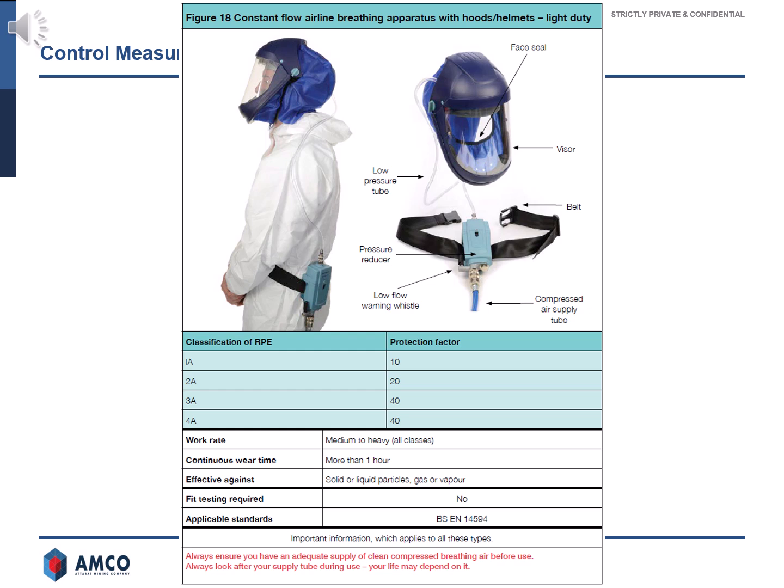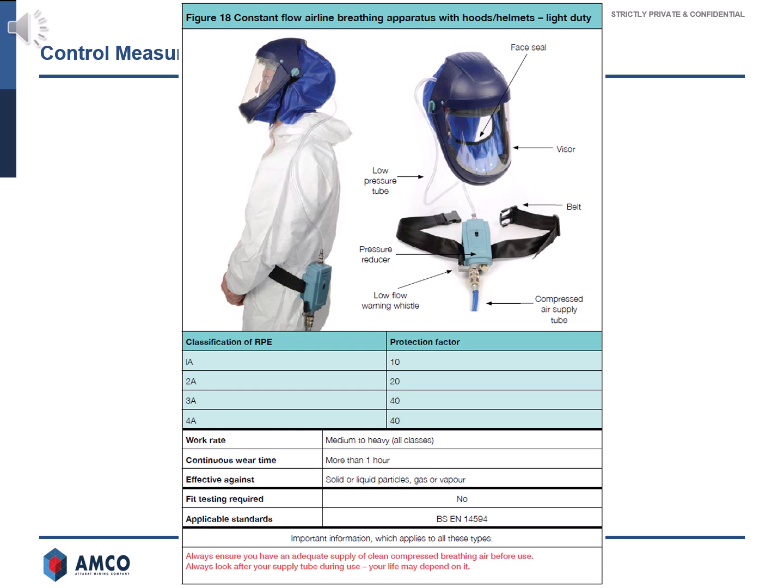Constant flow airline breathing apparatus with hoods/helmets, usage guidelines. Classification and protection factor. 1A, protection factor of 10. 2A, protection factor of 20. 3A, protection factor of 40. Work rate, suitable for medium to heavy tasks across all classes.